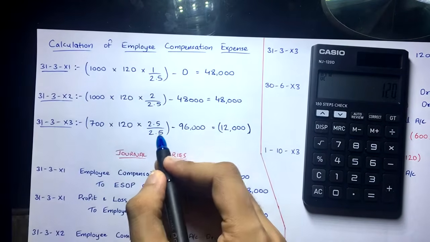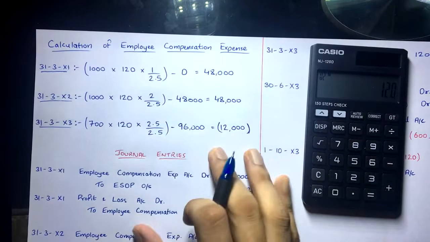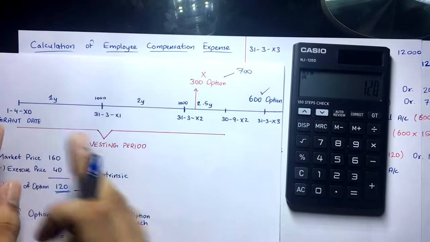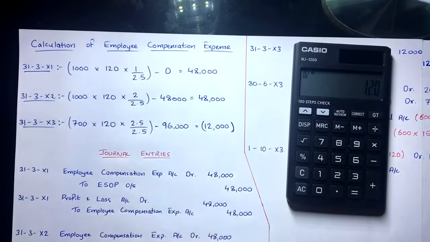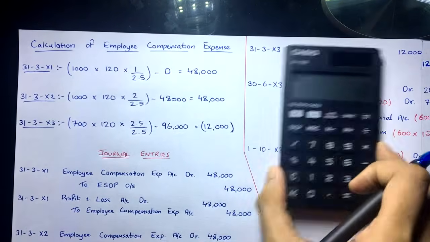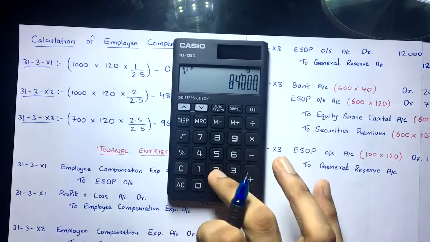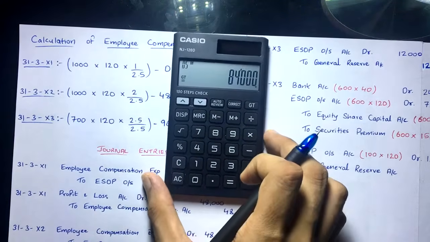We are talking about only the vesting period, not the general time. The entire vesting period is finished, so 2.5 divided by 2.5. The total period is also 2.5 years, right? So put that into the calculator, that will cancel out, divided by 2.5. So it will be equal to 84,000.